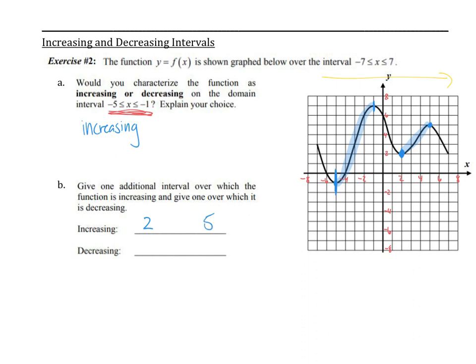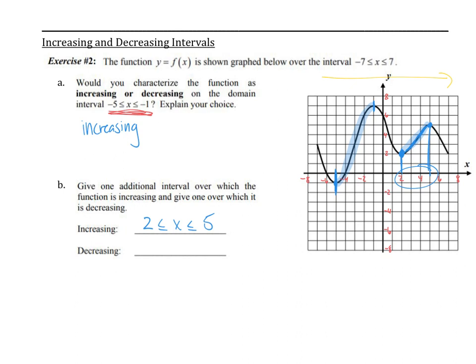How I'd write this is very similar to how I'd write a domain. So the interval from 2 to 5, and I'm just going to put that x in the middle because I am describing the domain where it's starting and ending. Whenever I describe increasing and decreasing intervals, I'm always going to use the x values to describe that.